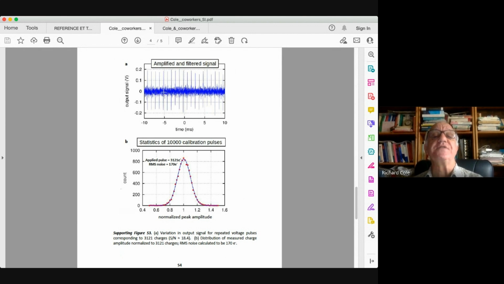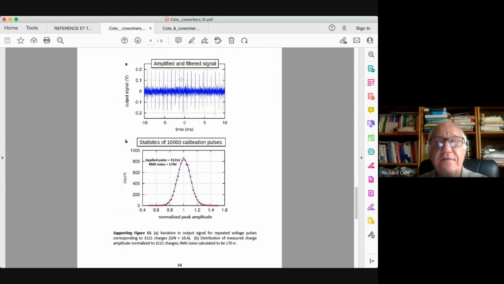You can see the noise level. And so that gives you an indication of how easy it is to see something with 3,000 charges. Now, if you have a signal that's 1/6 of that, that's our 500 charge zone. You can imagine that 1/6 of this signal is going to give us difficulty at being sure that we're detecting something.